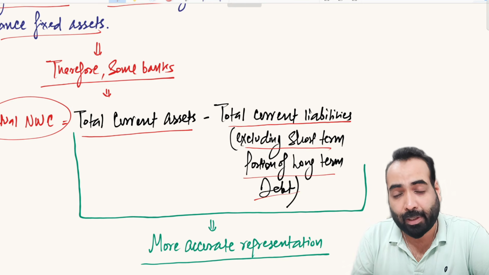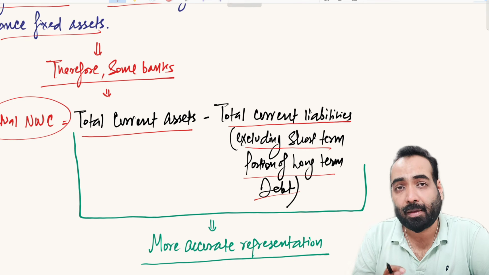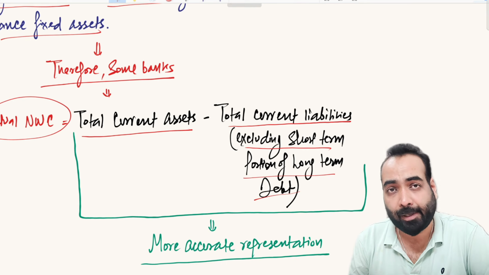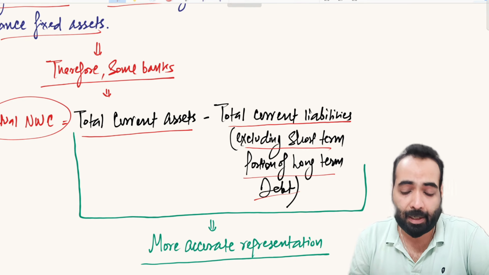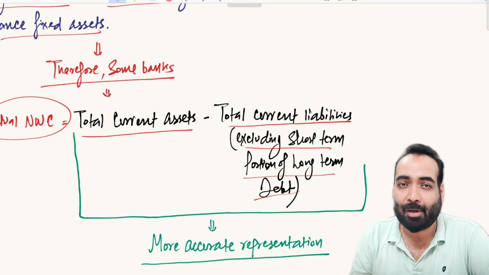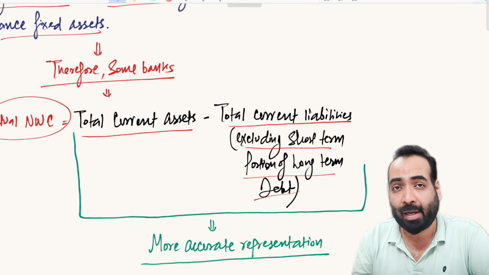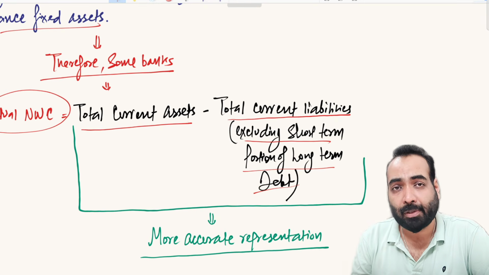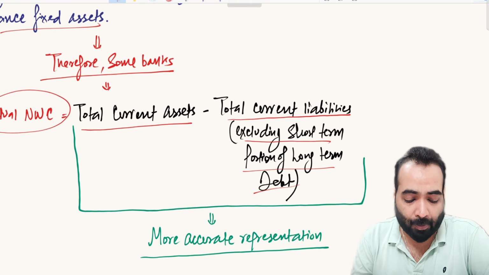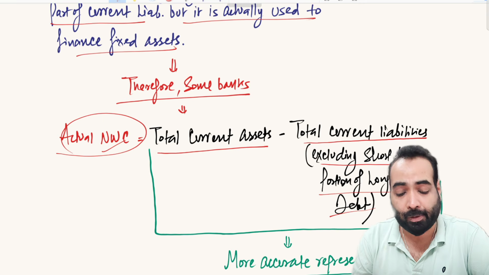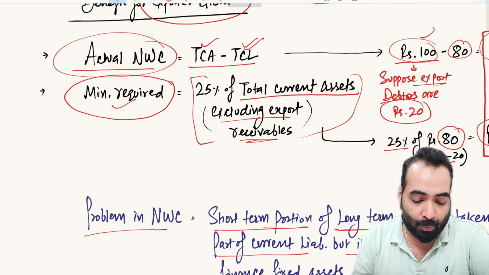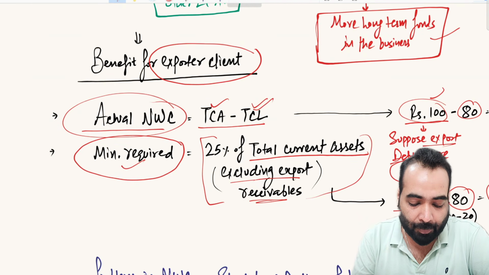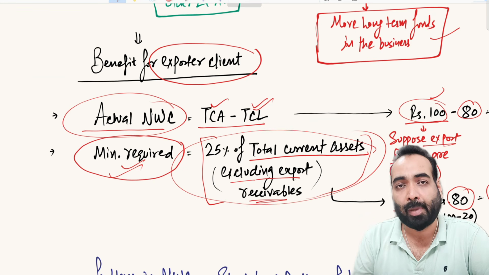This manual correction is done by the third largest private sector bank in India, right? I have seen it and I practically liked it because they are doing it in an accurate way, and many banks are missing this trick. This is a more accurate representation of actual NWC under the MPBF method if you want to calculate eligibility, and a more correct representation of the minimum required NWC which is followed by most of the banks.